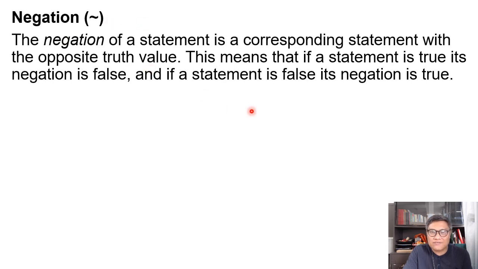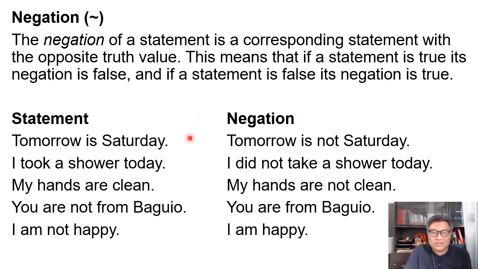So the negation of a statement is simply a corresponding statement with the opposite truth value. This means that if the statement is true, then its negation is false, and if the statement is false, then its negation is true. If we have some examples of a statement, like tomorrow is Saturday, then you negate it: tomorrow is not Saturday.